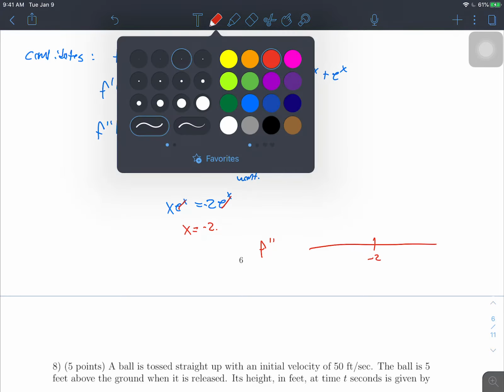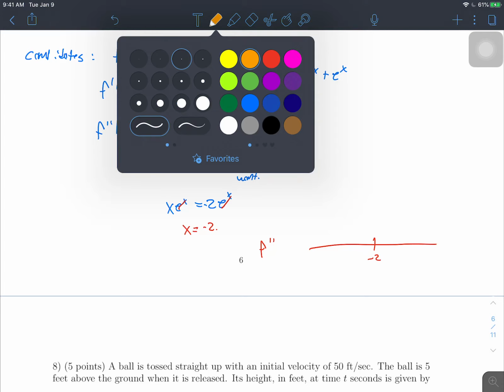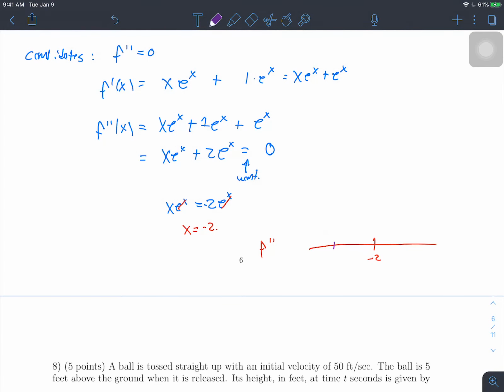So I want to know what the sign is on each of these two sides of this point. The first one I'll do will be negative 3, and I want to plug in an easy point on the right hand side. I'm going to take 0.